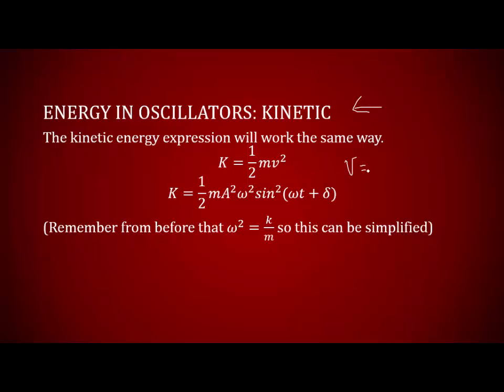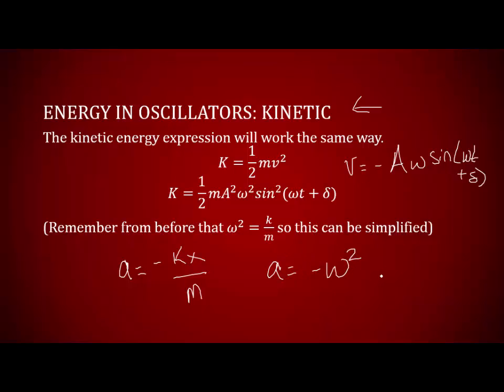Remember our v expression is negative A omega sine of omega t plus delta. So we're just going to square the velocity here, and this is what we end up with. So I said that acceleration is negative kx over m. Remember also I said that acceleration is negative omega squared times x.